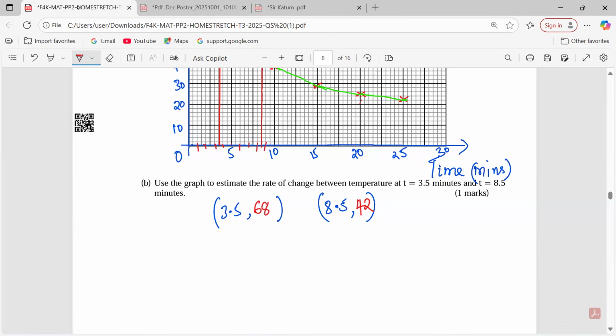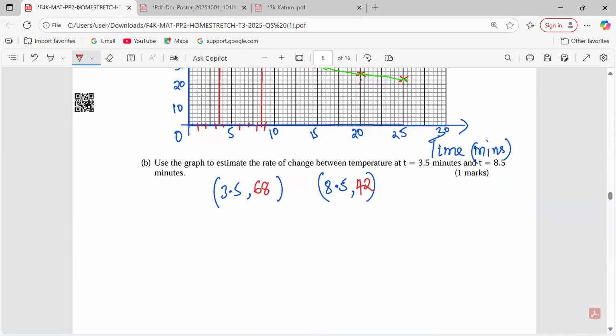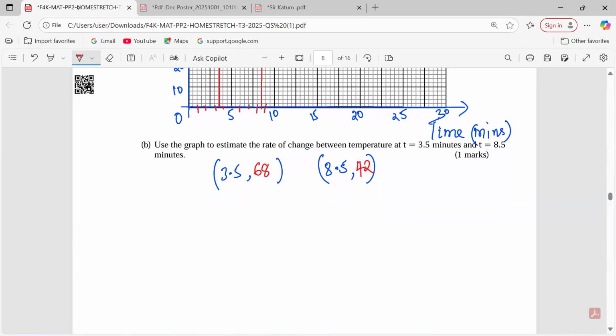Let's look at the rate of change. We need a gradient now for rate of change. So 68 minus 42 out of 3.5 minus 8.5. When I subtract 42 from 68, I'm getting 26.